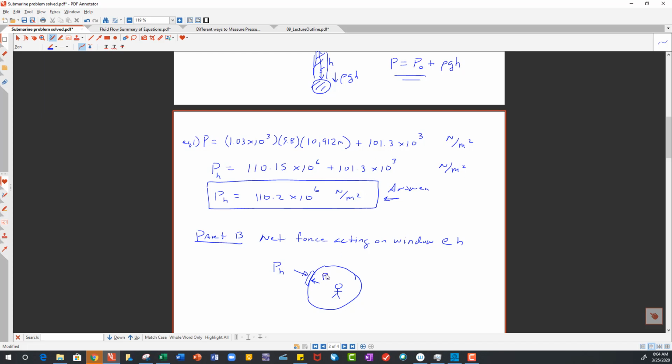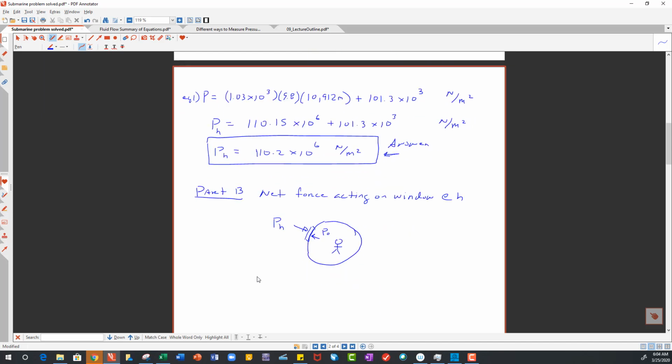So the net pressure acting on this window is going to be the difference between the pressure outside minus the pressure that's pushing back on the window, which is atmospheric pressure. So that comes out to be, essentially, we take approximately 110 times 10 to the 6, which is pH, minus P naught, the atmospheric pressure, which is approximately 101 times 10 to the 3.